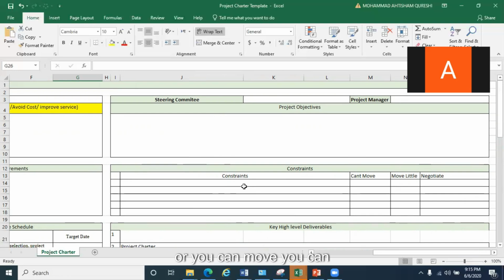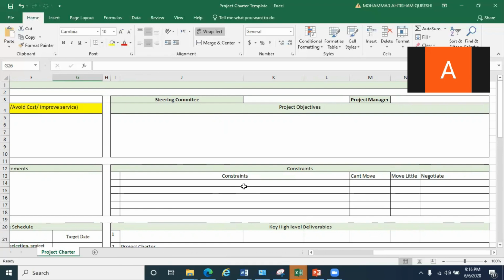You can say that constraints are limited time, limited budget, limited resources, unskilled resources. Equipment and material that we have is of substandard quality. Inexperienced subcontractors or suppliers, low quality workforce available in the market.